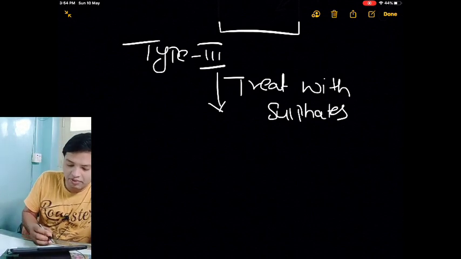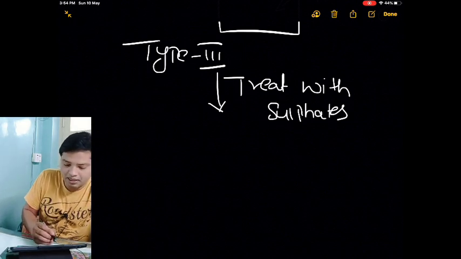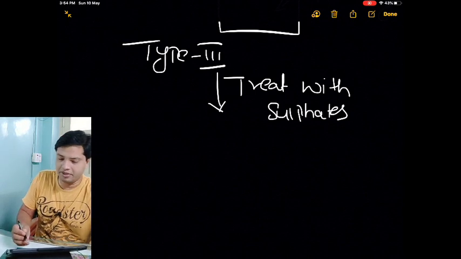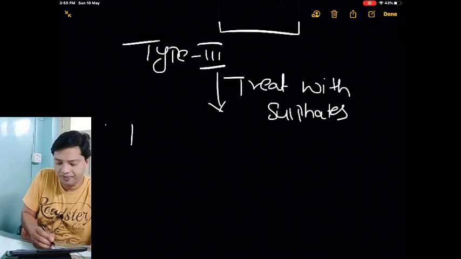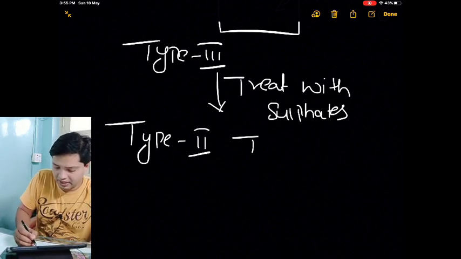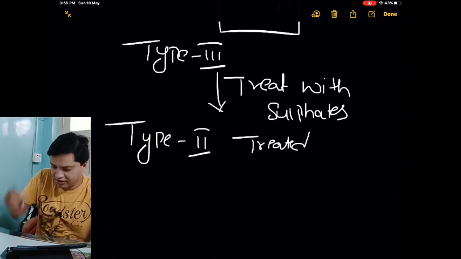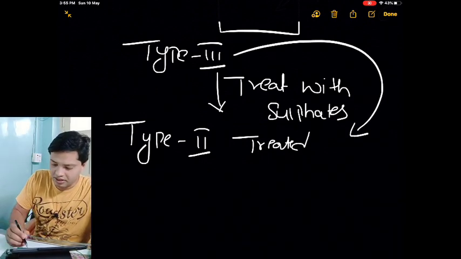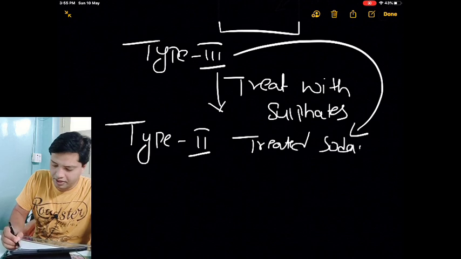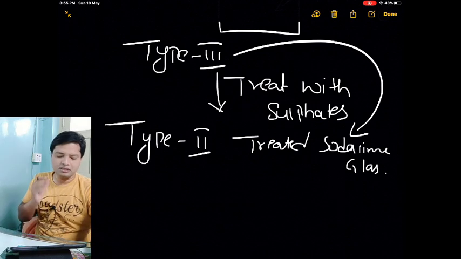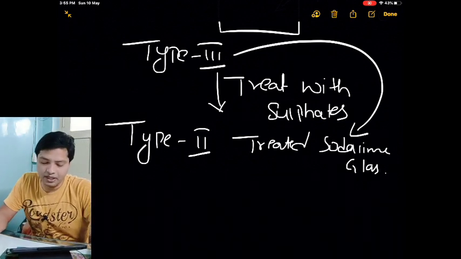Hence the glass will impart less alkalinity to the solution kept in it. So the glass we get from the treatment of type 3 glass is type 2 glass. Because it has been treated with sulfates, we call it treated. Type 2 is a treated type 3, treated with sulfates.